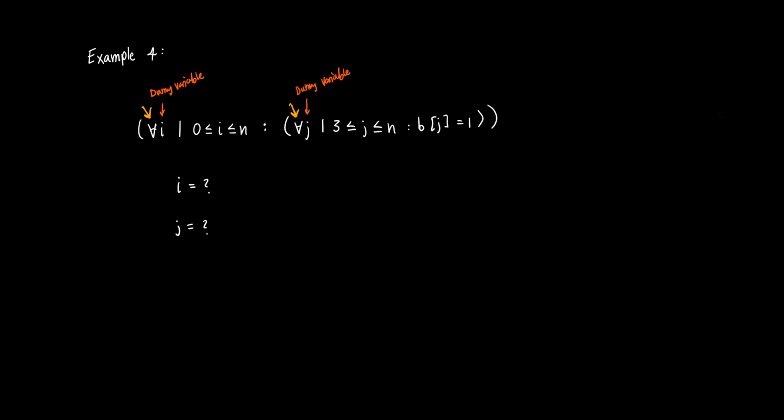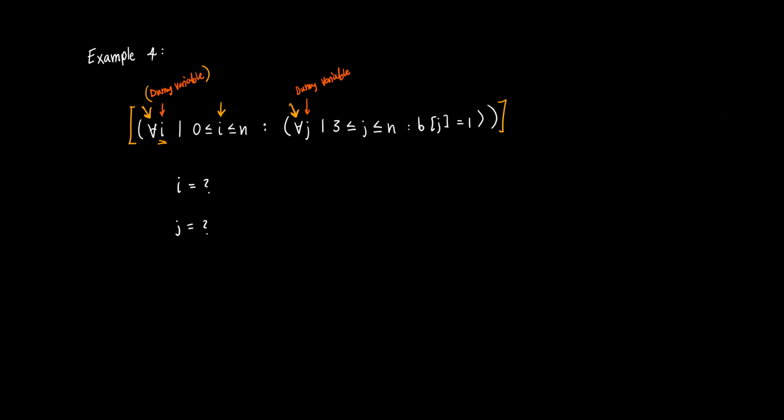So let's take a look at some occurrences of different variables. Let's take a look at this occurrence of i right here. The first question that we want to ask ourselves is, does i appear within a quantification? Yes, i appears within this massive quantification over here. Now we want to ask ourselves, does i appear directly next to any quantifiers? And the answer to that is yes. We already identified that over here.